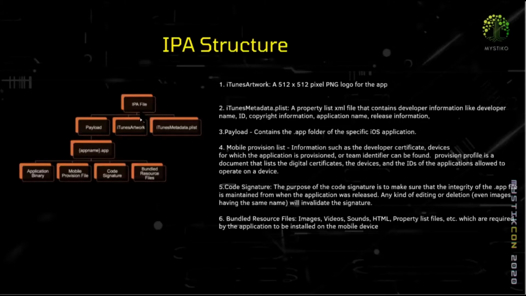This particular plist file is a configuration file which contains all the information specific to the application, like your developer name, ID, copyright information, application name, release information, and so on. It is similar to the manifest.xml file in the Android framework. People who know Android pen testing would find the resemblance in these two files.